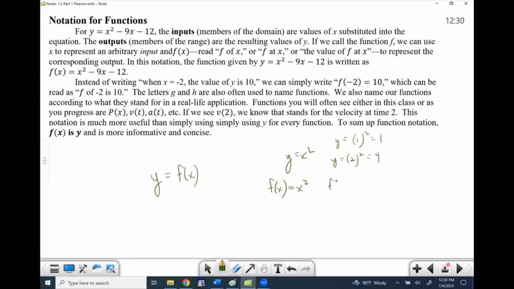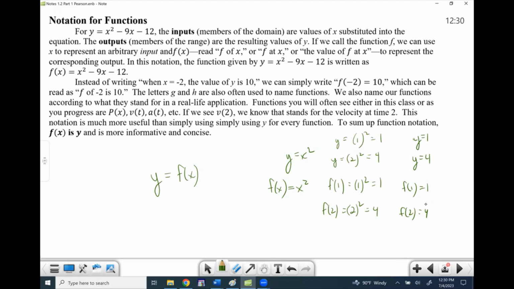But over here, if I use this other notation and say f of 1 equals 1 squared, f of 2 equals 2 squared, you get your 1 and your 4. When I just write y equals 1 and y equals 4, I can't tell what the x value is. But when I have f of 1 is 1, f of 2 is 4, it's much clearer: I got 1 when I plugged in 1, and I got 4 when I plugged in 2.